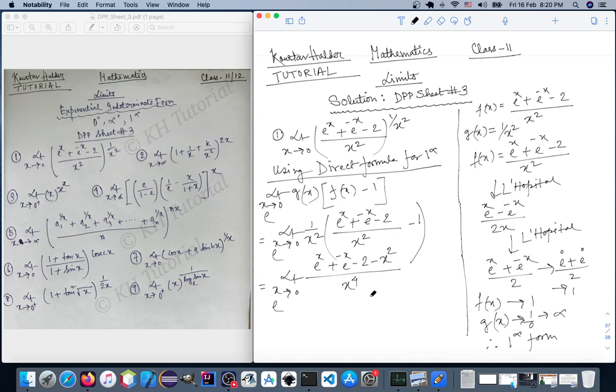Now this limit is of the form 0 by 0. So we can now use L'Hopital's rule to further solve this limit.